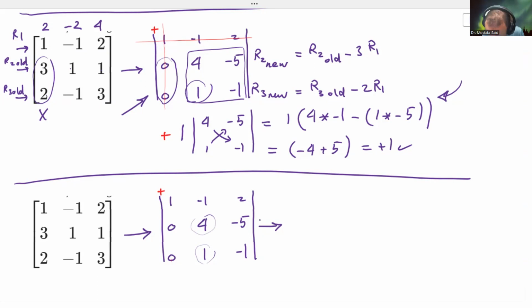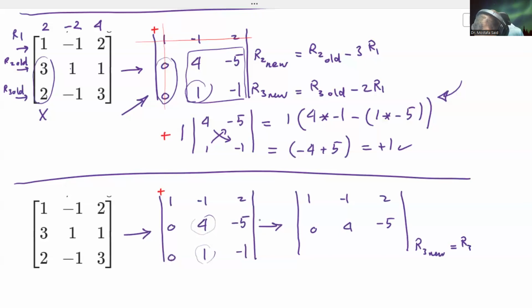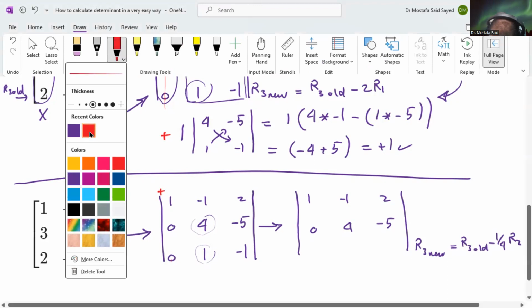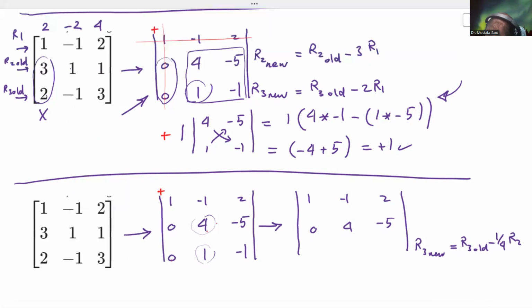Okay, so this is the new matrix: 1 minus 1 2, 0 4 minus 5, and now the third row, R3 new equals R3 old minus 1/4 R2. So if we multiply this guy by 1/4, this will be 1, and this will be minus 5 divided by 4.